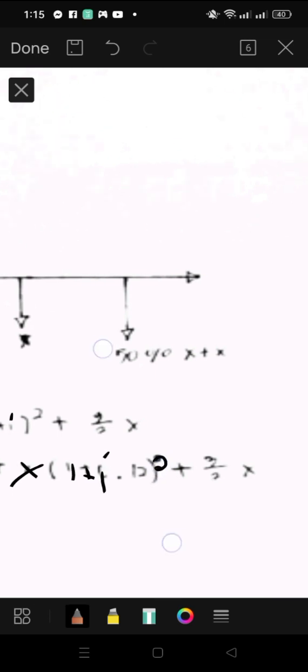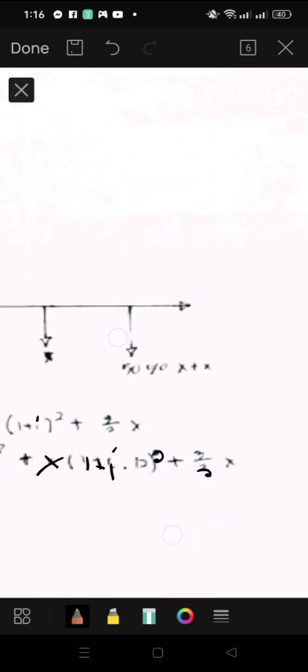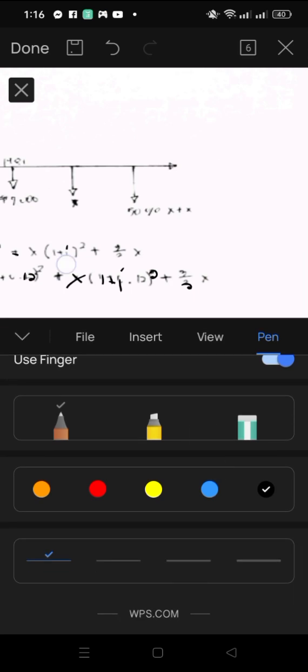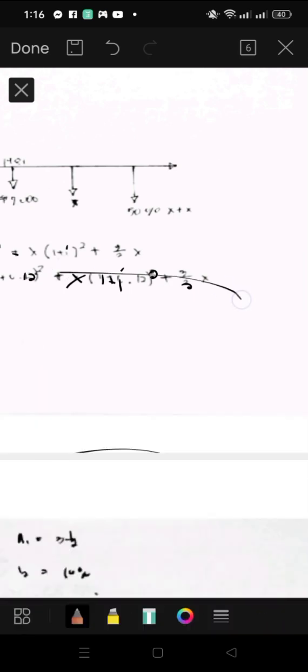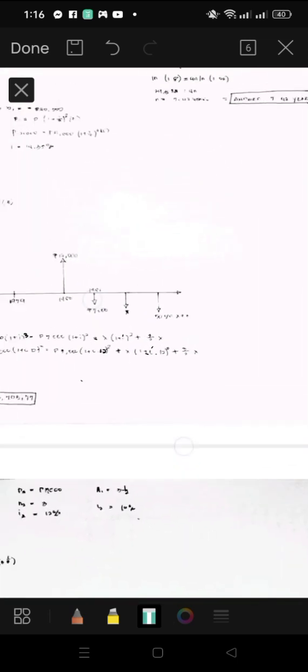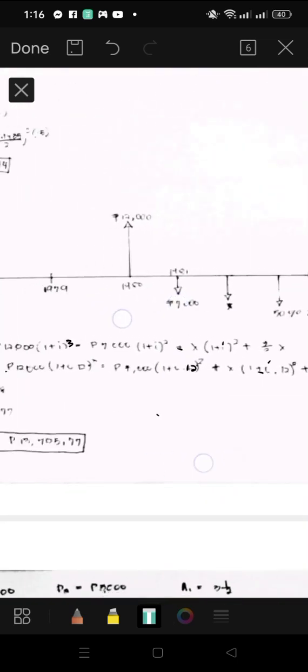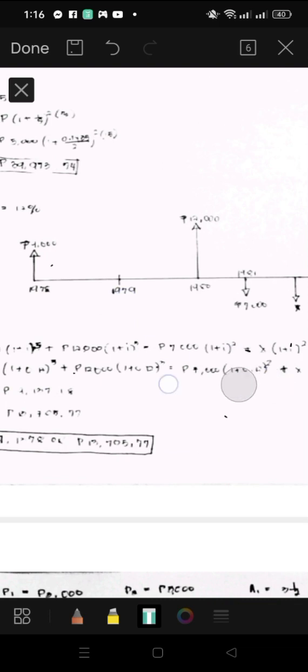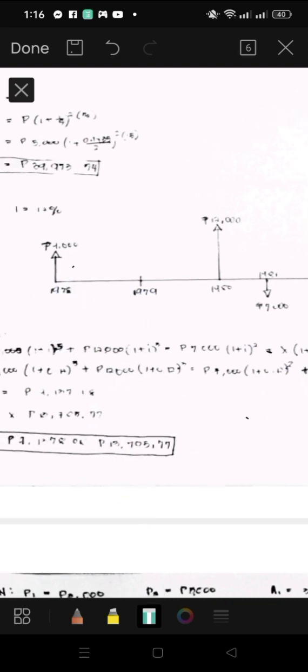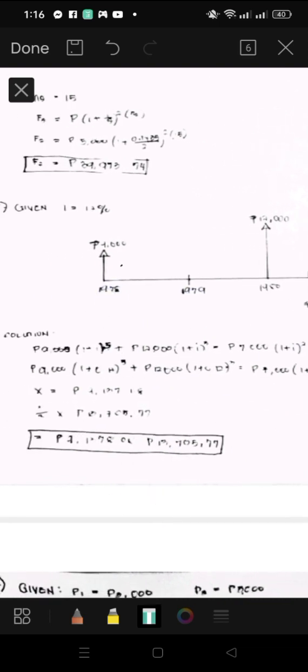3/2 x. So in order to find the value of x, we substitute the i, which is 12% or 0.12. So the answer of x is equal to 9,137.18.